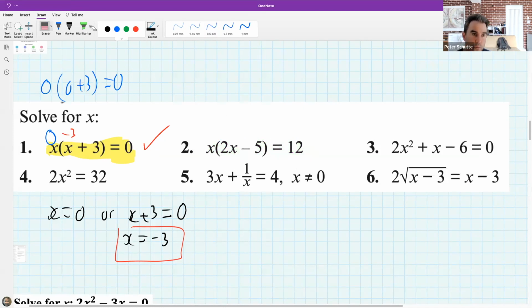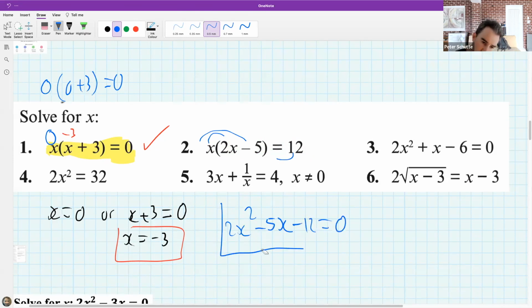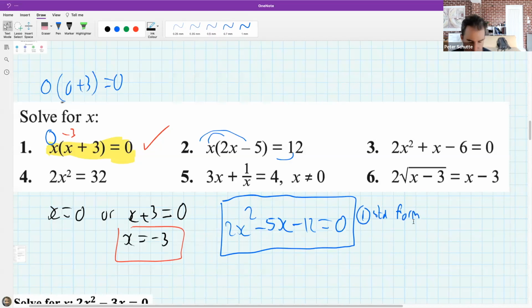What you would do is multiply this out and you would get 2x squared minus 5x, and then you'd bring the 12 across. And now step 1 is complete. It is in standard form. But the journey has just begun. So keep swimming.